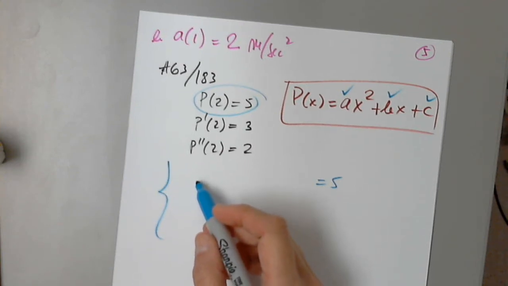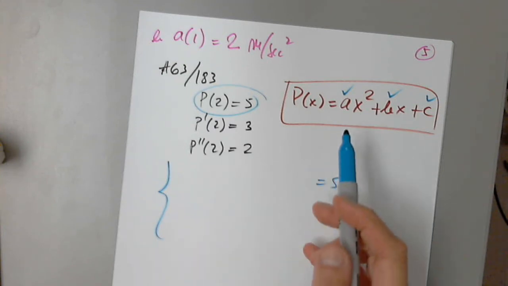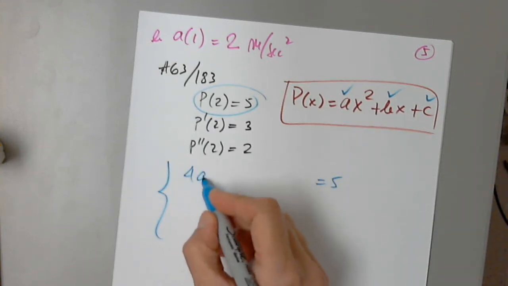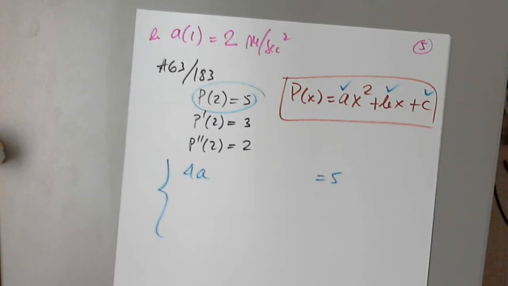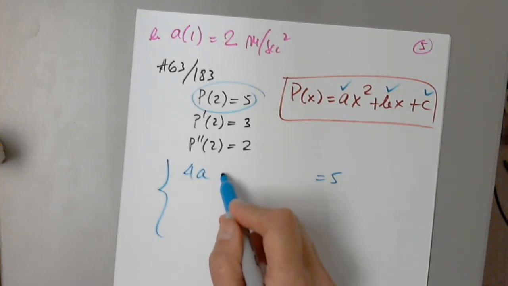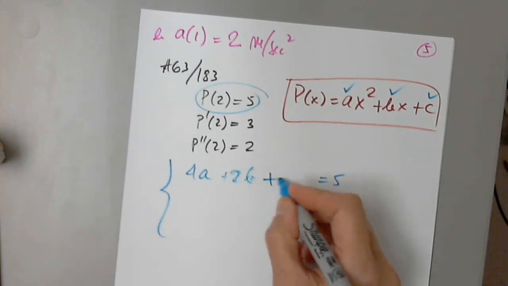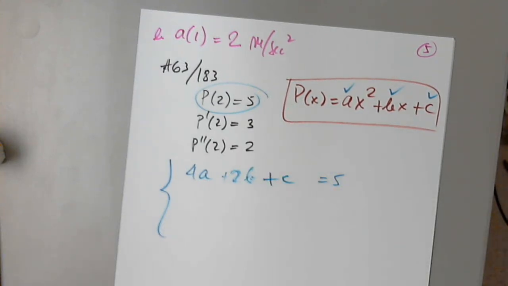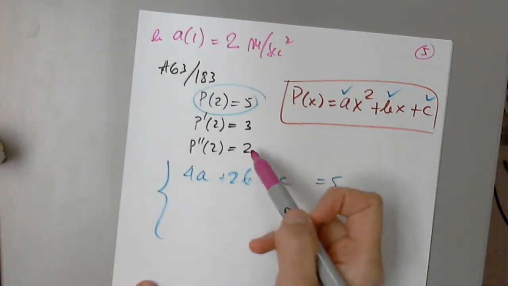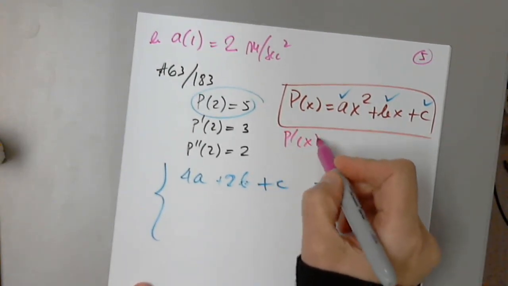Anyone? 2 squared. Right, but it's 4, right? 4a plus 2b plus c equals 5, very good. That's it. Thank you for the first equation. I need the second one, please. Before we determine the second one, we still have to find p prime of x.